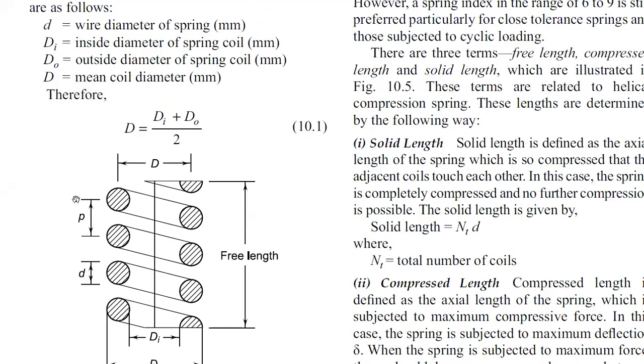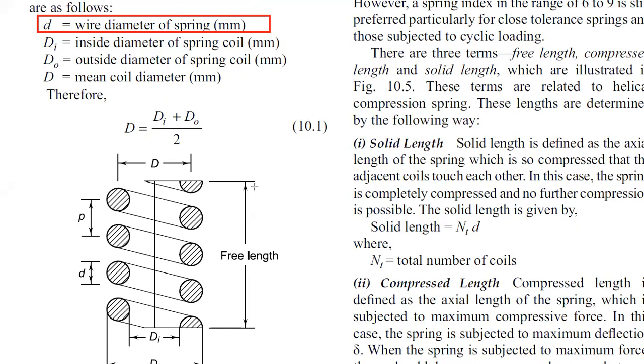And for that, we have several nomenclatures. The first nomenclature is the wire diameter of the spring, which is denoted by small d.